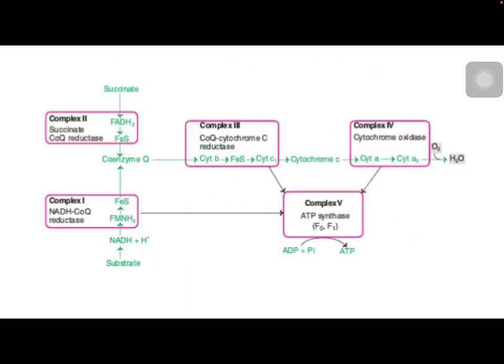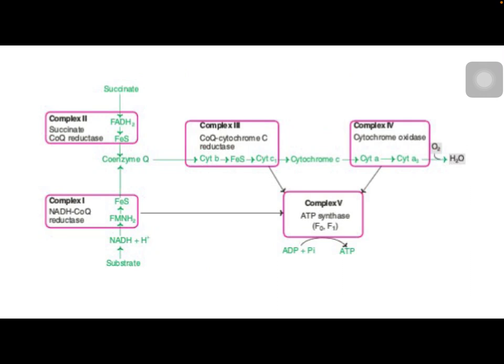As far as the electron transport mechanism is concerned, it has 5 distinct complexes. The first complex is related to NADH coenzyme Q, the second complex is related to succinate coenzyme Q, complex 3 is associated with coenzyme Q cytochrome C, complex 4 is concerned with cytochrome, and complex 5 is related to ATP synthesis.